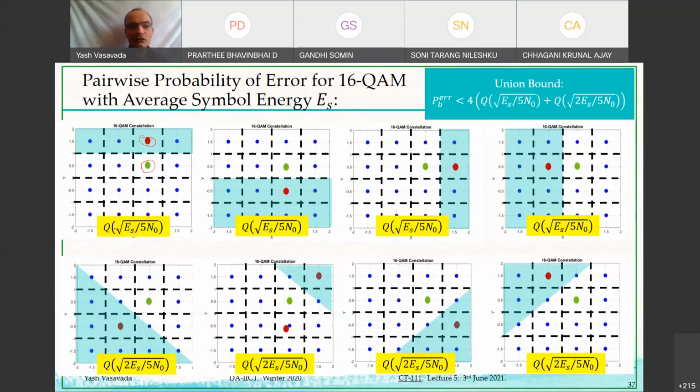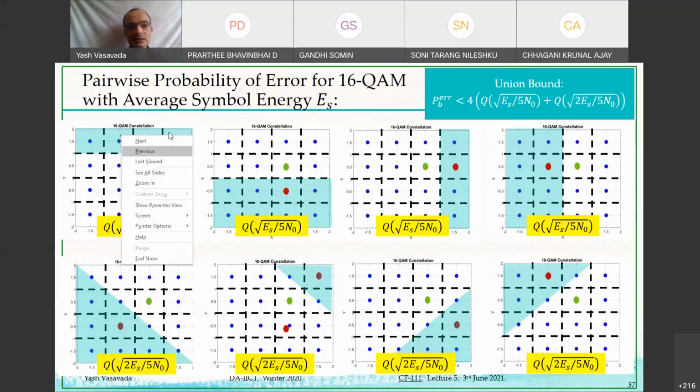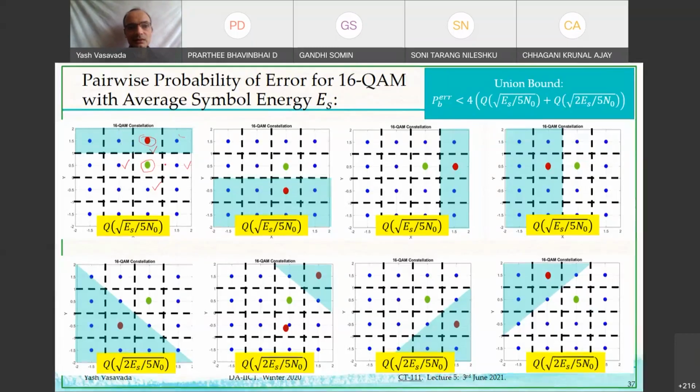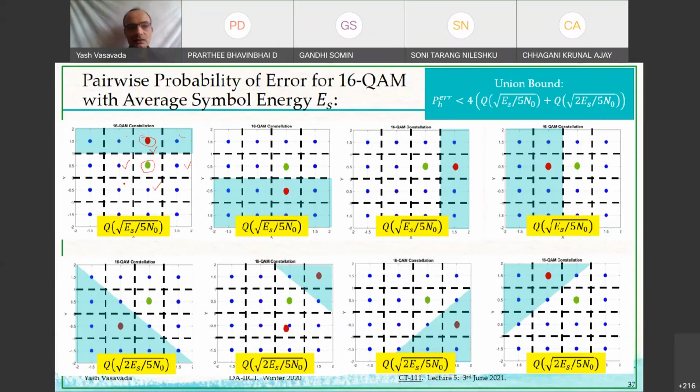It is 4 times Q of square root of ES divided by 5 and 0 because there are 4 symbols, this one over here, this one, and this one, which are at a distance of square root of ES divided by 2.5. And then the other 4 symbols, this one, this one, this one, and this one, which are a little farther apart.